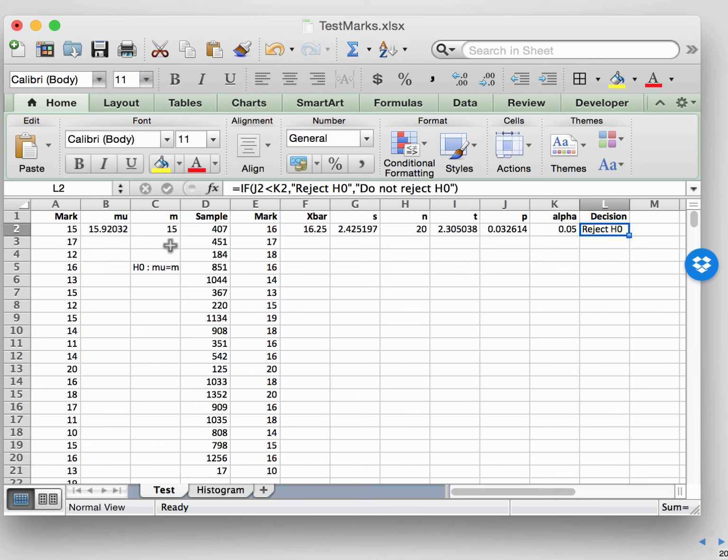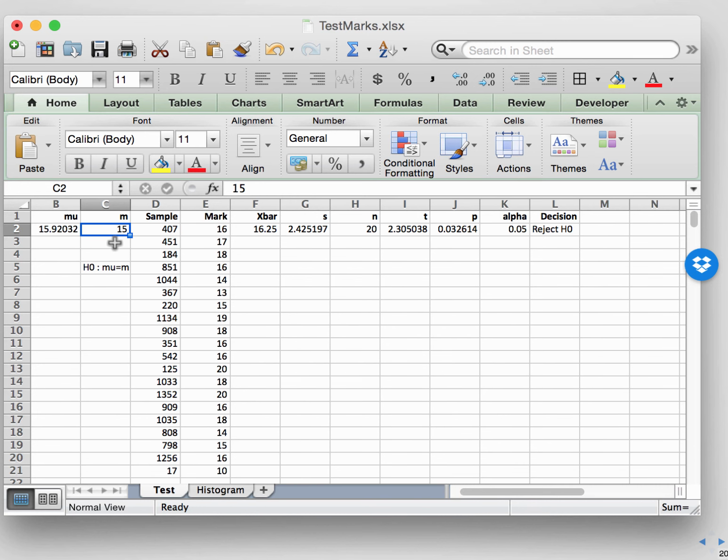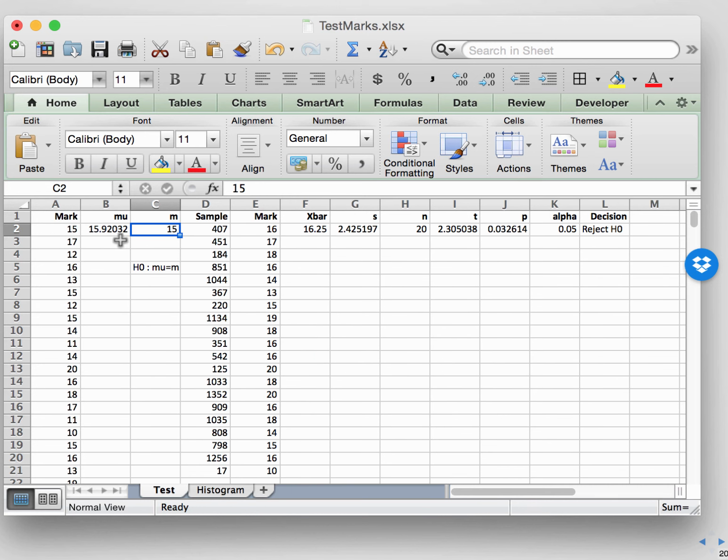Now, I've put in a value for m here, which is not really all that far from the true value for mu, right? And as a result, because those numbers are not all that far apart, and we've got a sample size of only 20, so it's quite a small sample that we're dealing with here, a lot of the time the t-test is committing a type 2 error, because there's not really a great difference between the population mean and the hypothesized value.